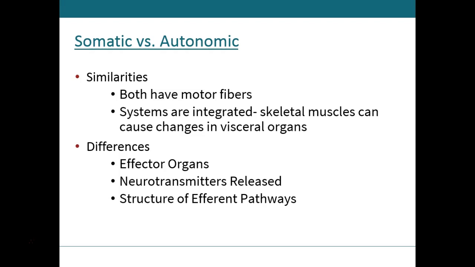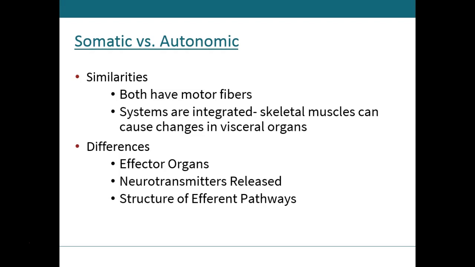Now, they are integrated, which simply means that they work together, and that means that the skeletal muscles can cause changes in the visceral organs, such as when some of the muscles of your abdomen contract. That can put pressure on the organs within and cause different sensations or cause constriction within the abdomen.